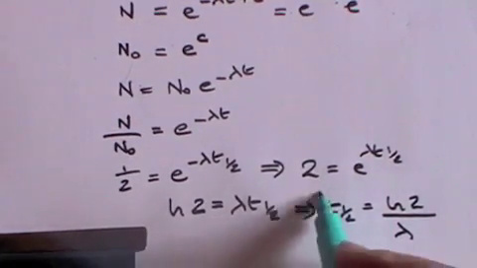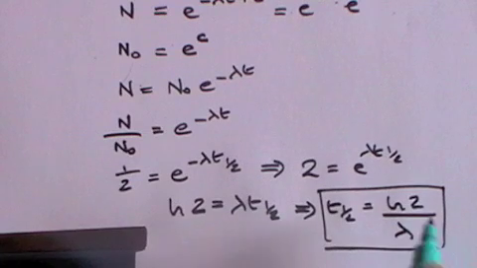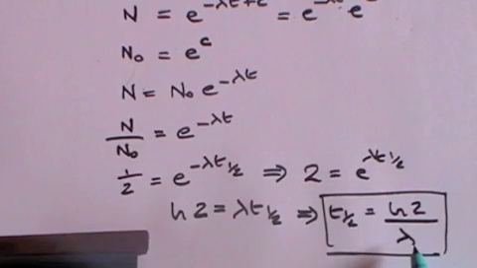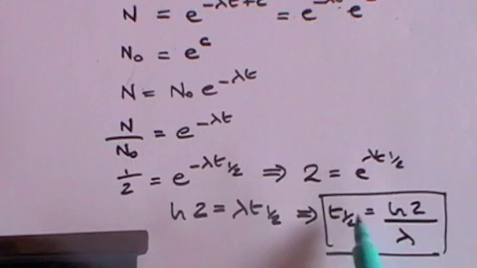And that is the formula that enables you to calculate the half-life. That is the time it takes for half the number of nuclei to decay. Log to the base e of 2 is, I think, about 0.6 something. So obviously as lambda increases, as the decay constant increases, the half-life will decrease.